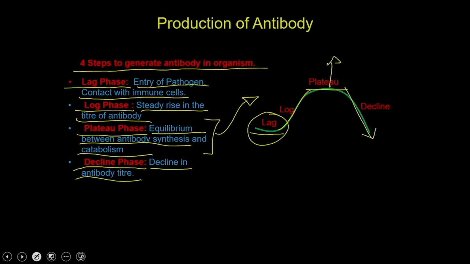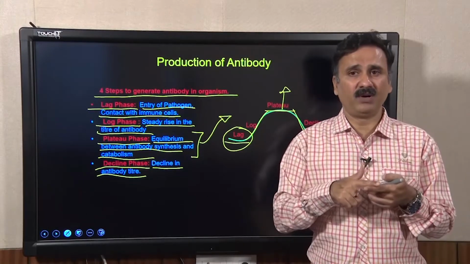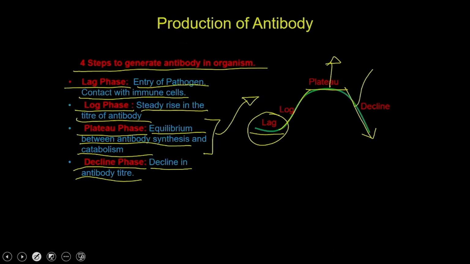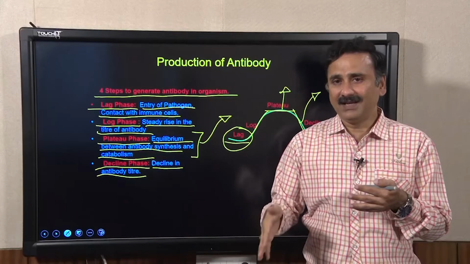At this stage the infection is going to be sustained to a particular localized area, but still the active infection is there. So, the antibody production as well as the destruction is going to remain constant, and then it enters into the decline phase where the antigen is going to be eliminated from the body, which means the organism has removed the infection from the body, and that is how there will be no need to produce the antibodies, and the antibody production is going to decrease.